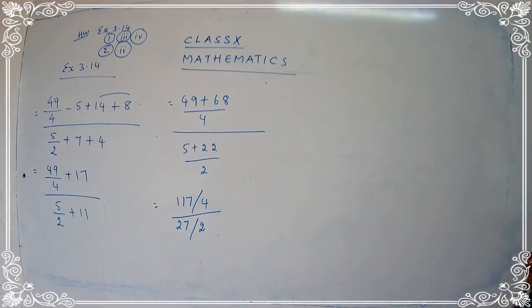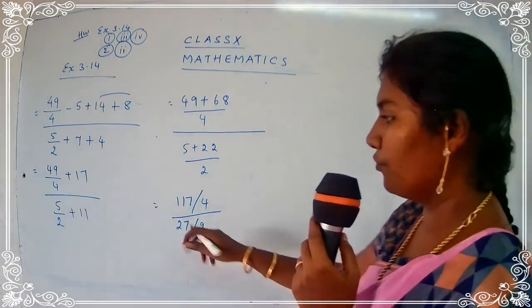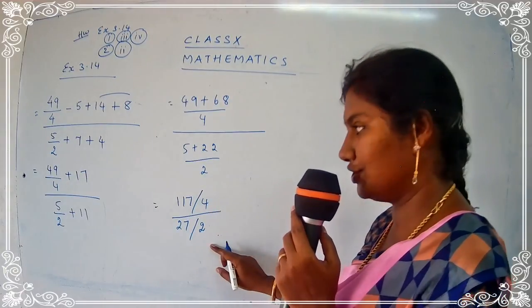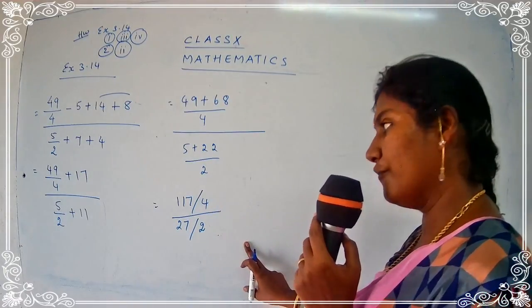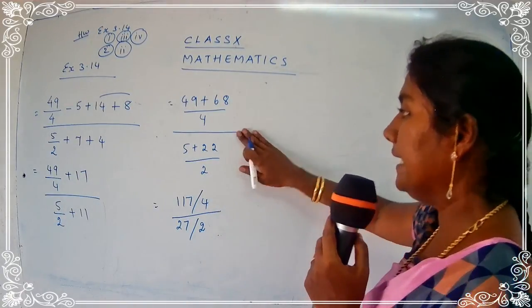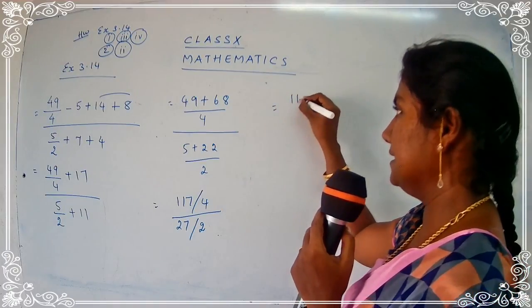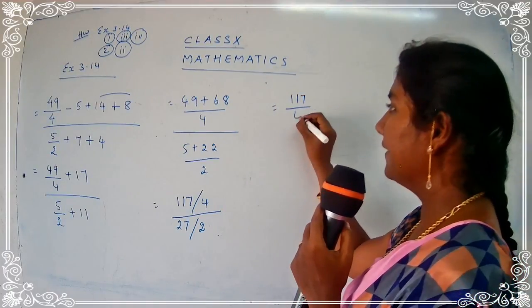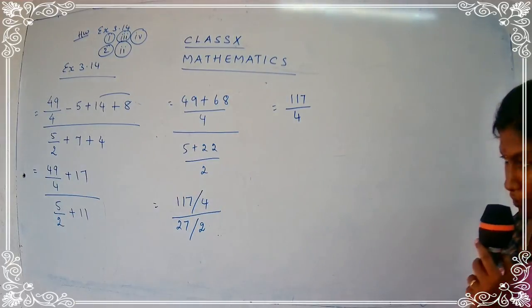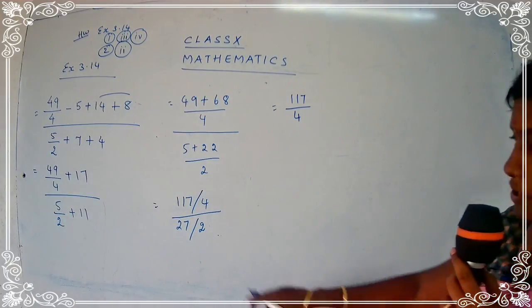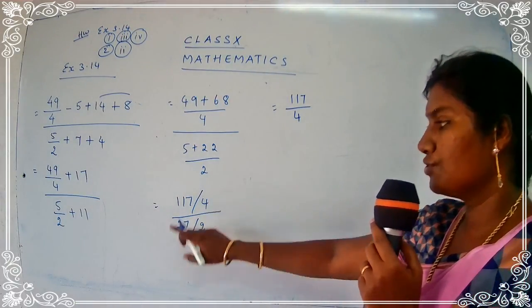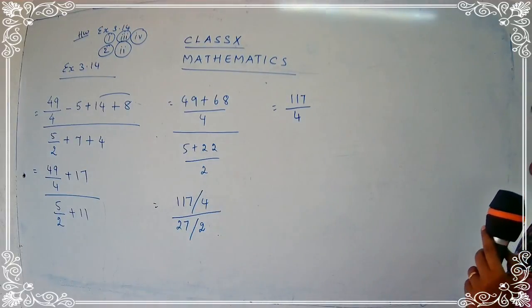Okay. So we have got the answer, yes, children. So now we have a fraction upon a fraction. So if you get a fraction upon a fraction, what are you going to do? Keep the numerator part as it is. What is the numerator part? 117 upon 4. And what is the denominator part? 27 upon 2. So write the reciprocal of 27 upon 2.